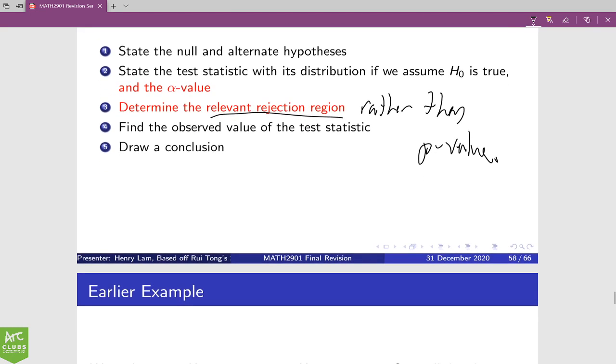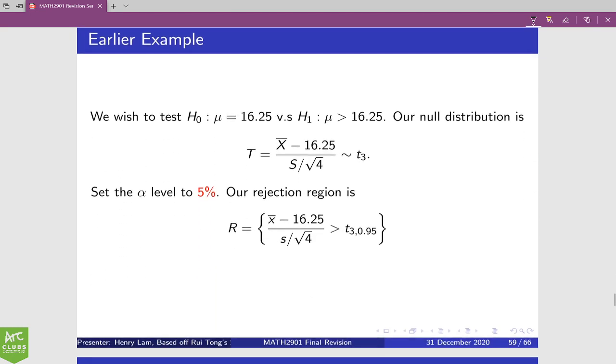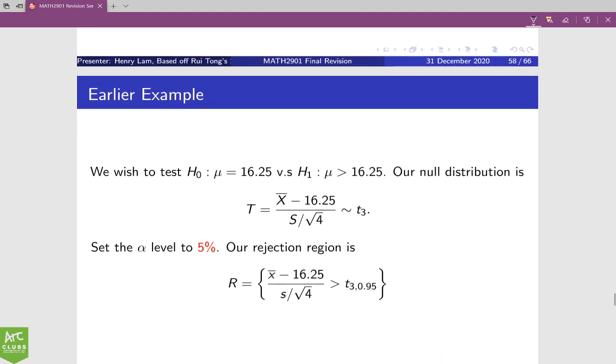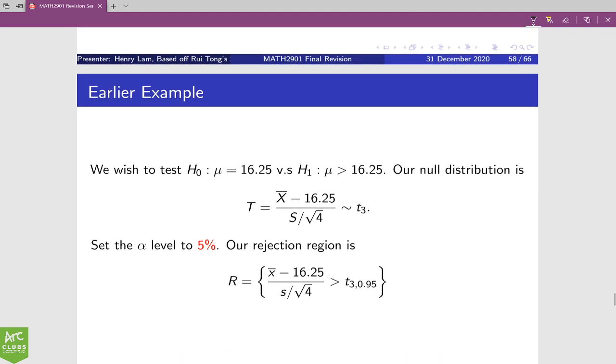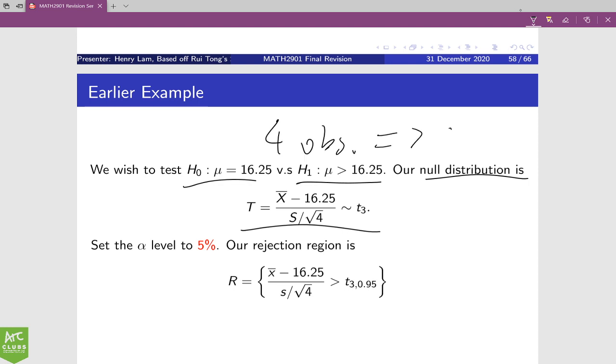Relevant rejection region. So if we look at the previous example, this is the null hypothesis and this is the alternate. We know the null distribution is this because there are only 4 observations, all normal with unknown variance, so we get T3, that is T4 minus 1.